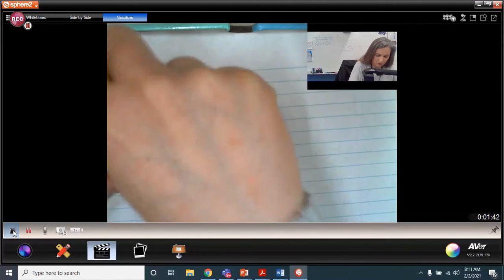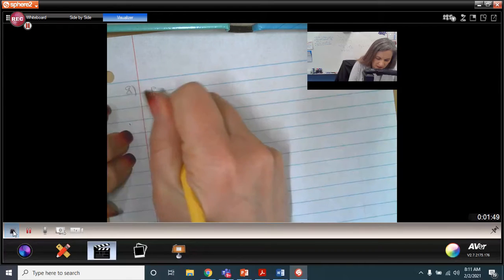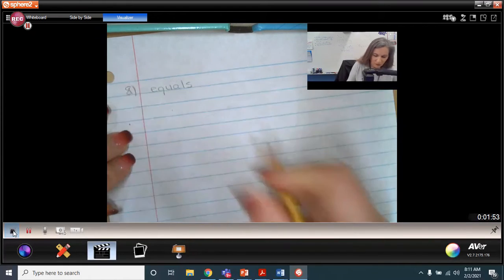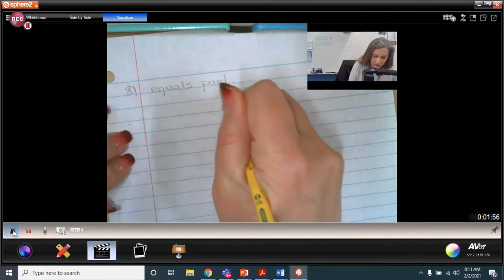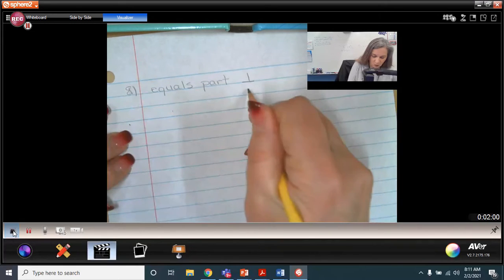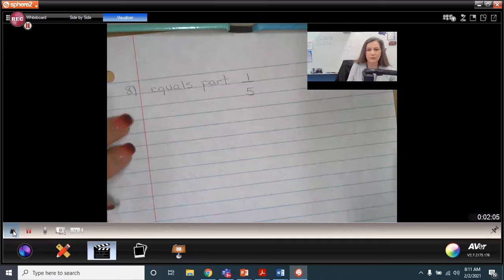Oops, not number 1, we're on number 8. So we are going to say, yes, these are equal parts. And if we were to label each one of those parts, we would label each one as 1/5, a 1/5 part. Okay?